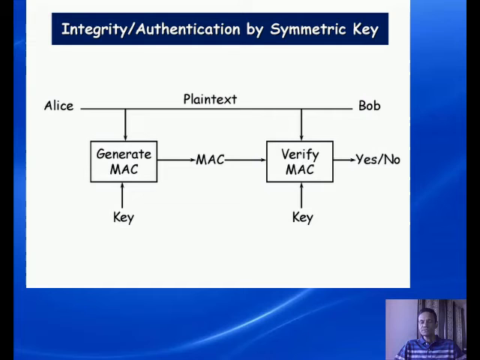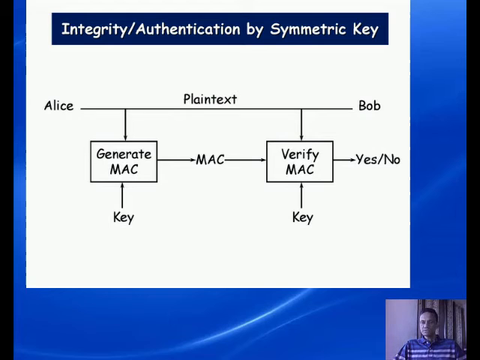If they differ, then Bob will not accept that message, or Bob will say that message authentication is not provided. If they match, then authenticity of the message is provided. Okay, so this is a very efficient way to achieve message authentication.